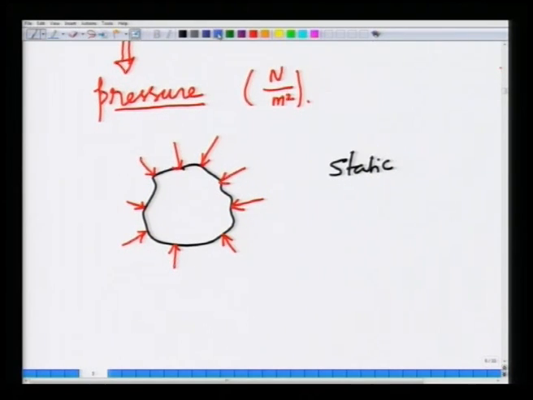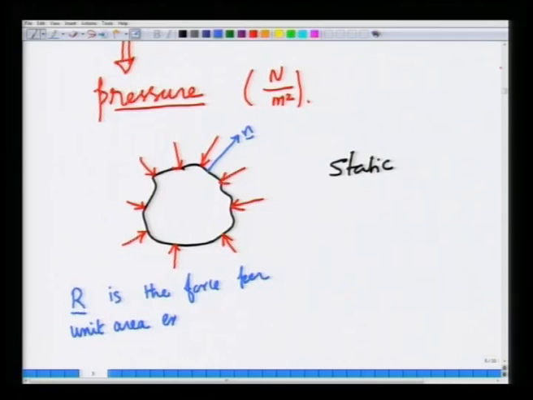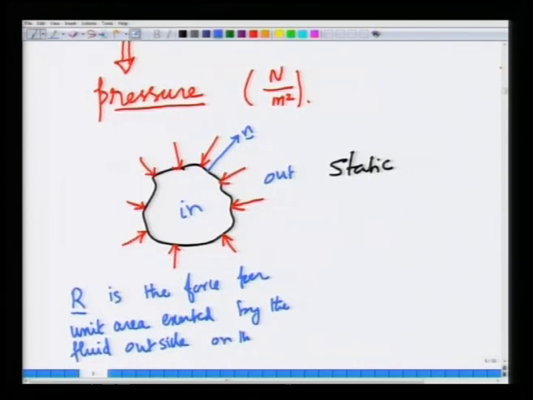So, if you say this is n, and if you say r vector is the force per unit area exerted by the fluid outside, so this is in, this is out, on the surface.